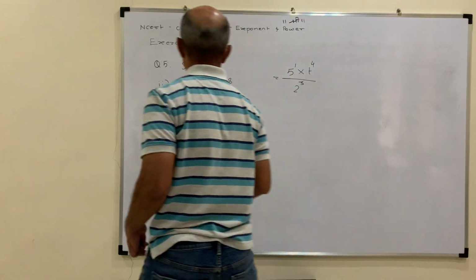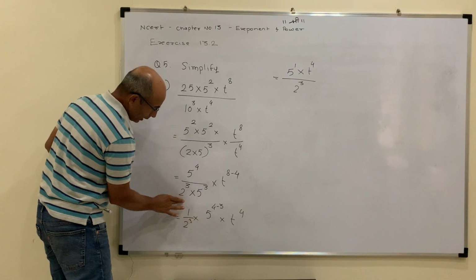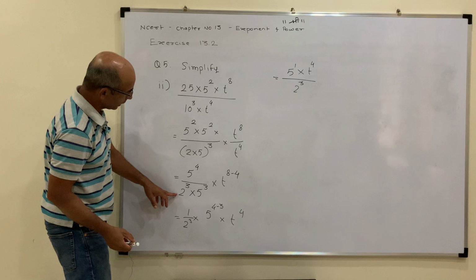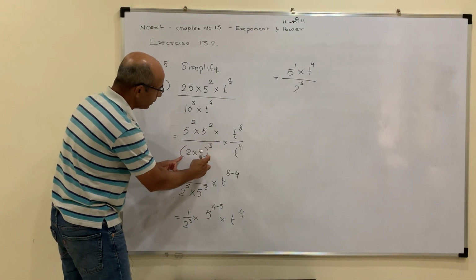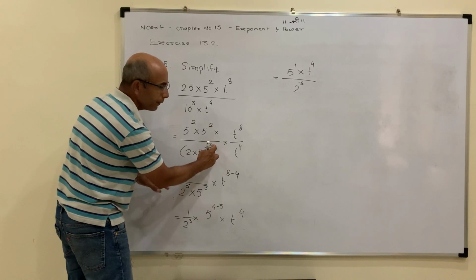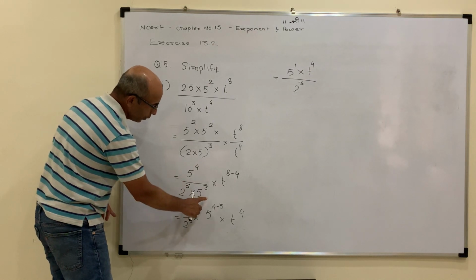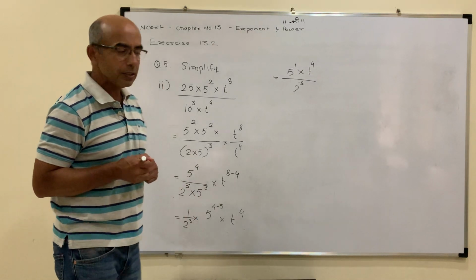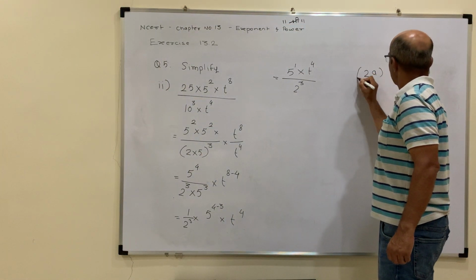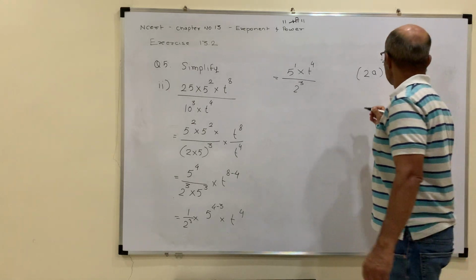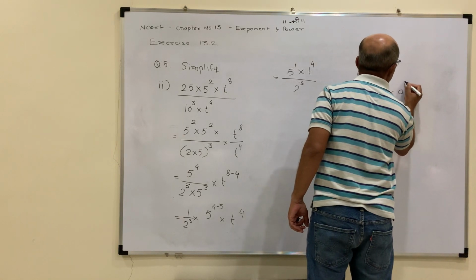You need to understand this step very clearly. See, 10 can be written as 5 into 2 and then they are multiplied, and that complete 2 into 5 is having power 3. So it is 2 raised to 3 into 5 raised to 3. We have learned this before. See, I explained (2a) raised to 3 is equal to 2 raised to 3 into a raised to 3.